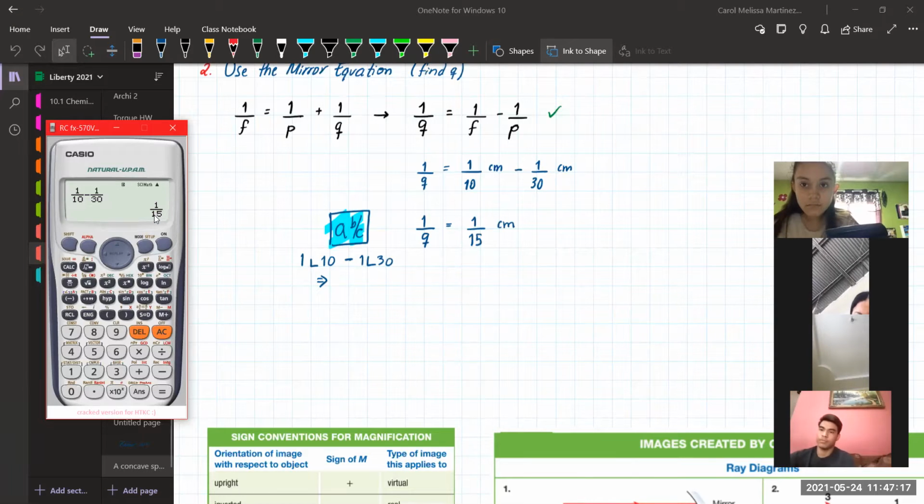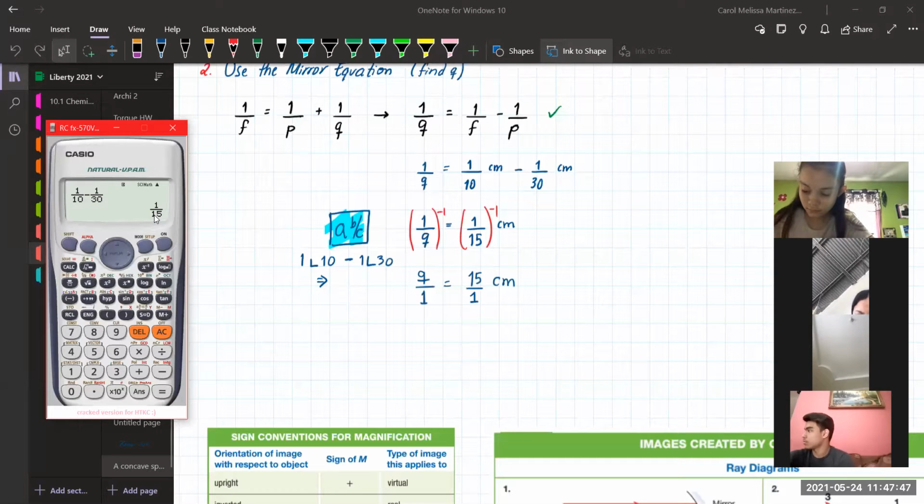What I do is switch the position of them, I use the reciprocal function. So in the end, what I'm going to have is q over 1 equals 15 over 1 centimeters. Okay, I'm using the reciprocal function.